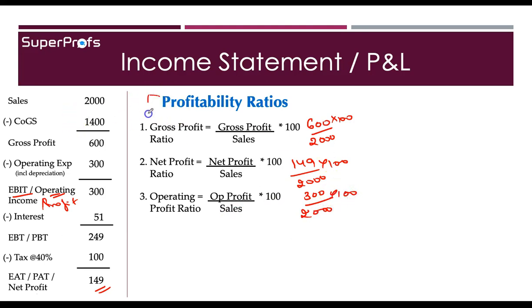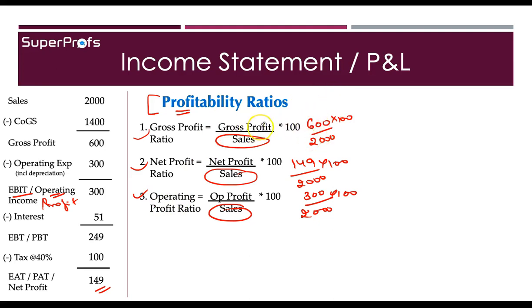Alright. So you can see that the profit is calculated with respect to the common denominator, that is sales. So these profits are very easy to learn. You know what gross profit is, you know what net profit is, and you know what operating profit is.